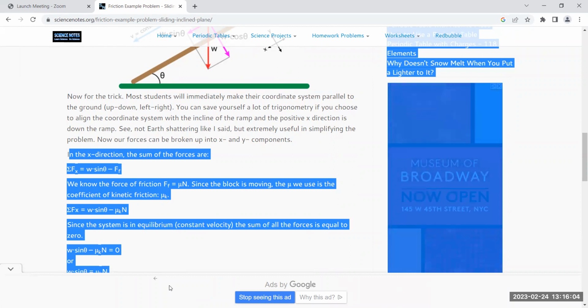So we know that Newton's second law tells us that the sum of the forces in the system is equal to the total mass of the system times the total acceleration of the system. So F equals ma.